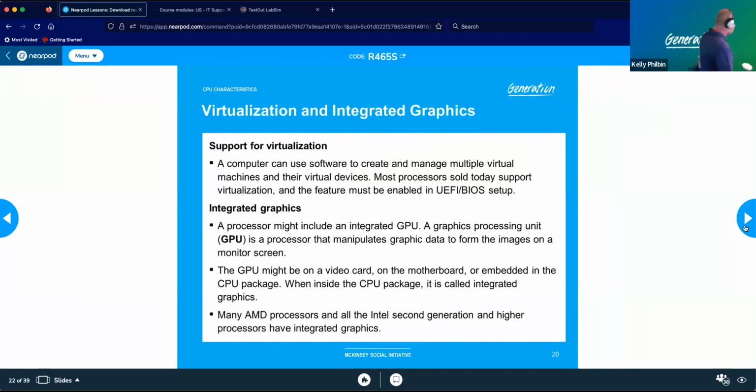All right, virtualization. So we talked about virtual memory. Who remembers what virtual memory is? Anybody? Not in the cloud. Yes, like the swap file and the page file on your hard drive.